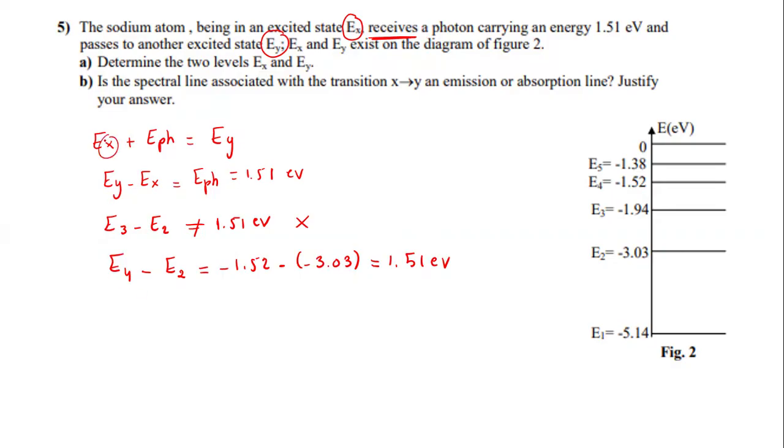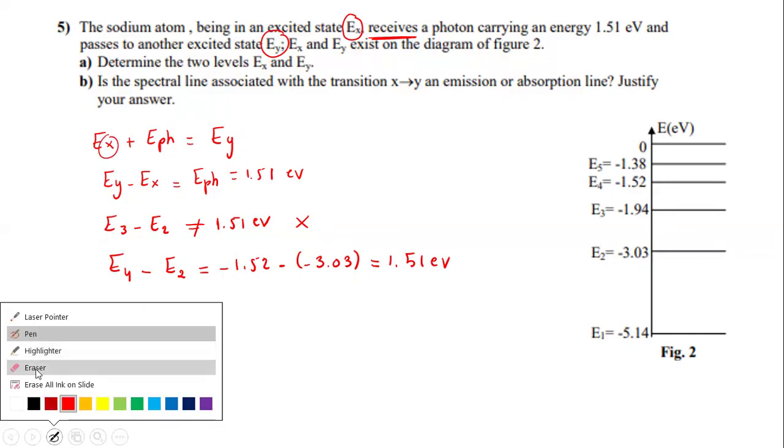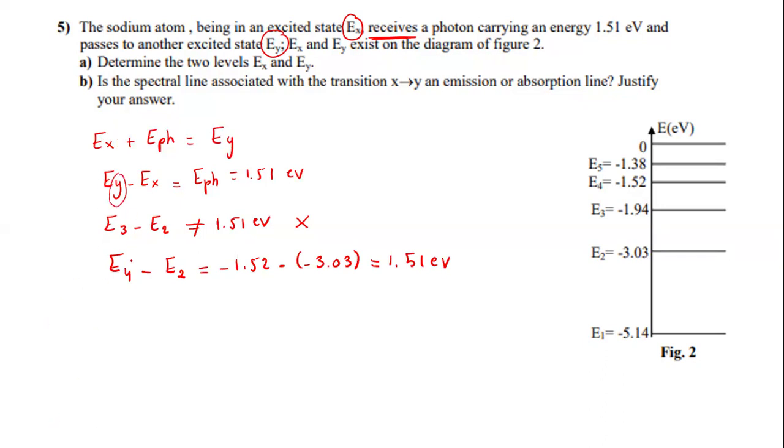So here, this is the Y, which is 4, and this is the X, which is 2. This means the atom was on level 2, it absorbs a photon of 1.51 electron volt and then it reaches level 4. So I can say directly that EY corresponds to E4 while EX corresponds to E2.